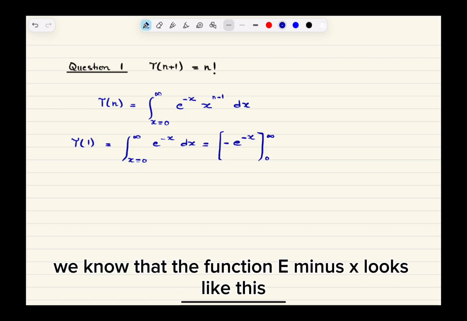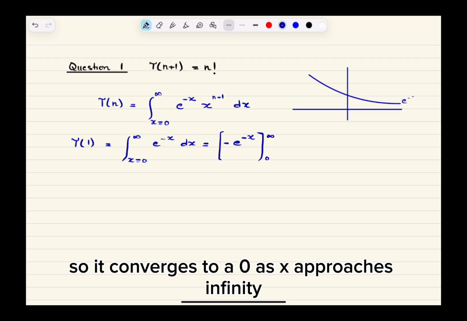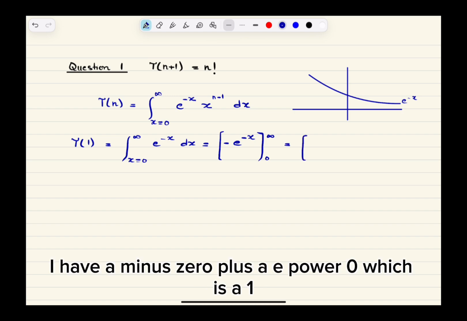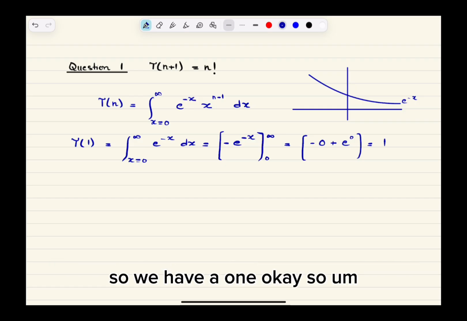Okay, we know that the function e^(-x) looks like this. So it converges to 0 as x approaches infinity. Therefore, I have a minus 0 plus e^0, which is a 1. So we have a 1.